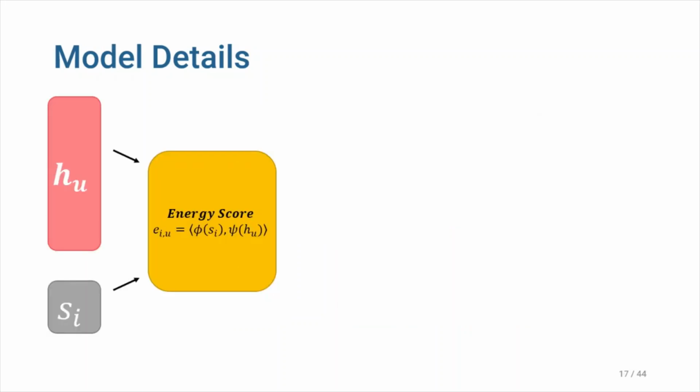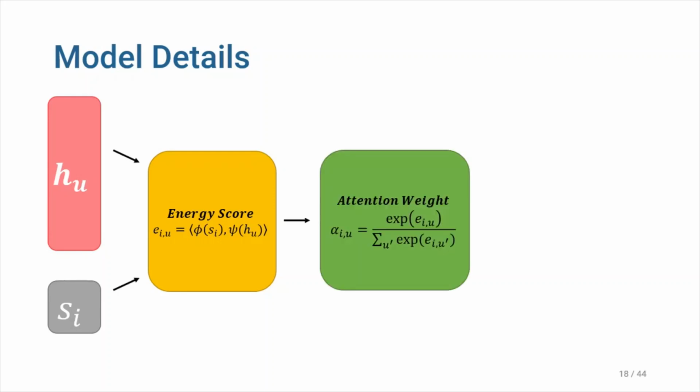At each decoder time step i, the energy score, which is a scalar, is computed for each time step u, using vector h_u, which represents time step u of H, and s_i, which is the contents of the decoder hidden state. Here, both phi and psi are MLP networks.